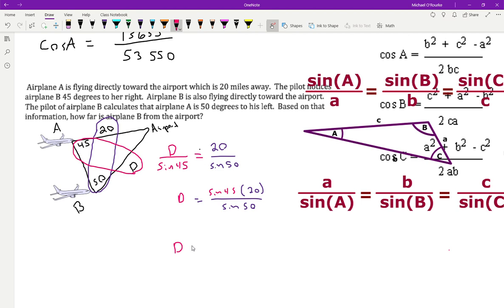So I want you to plug that into your calculator and tell me what you get there in chat. I just want to make sure everyone's calculator skills are up to snuff. So tell me your answer you get for that question.